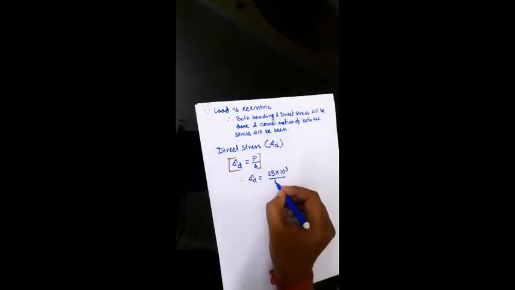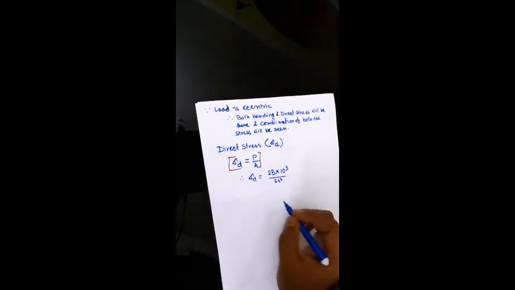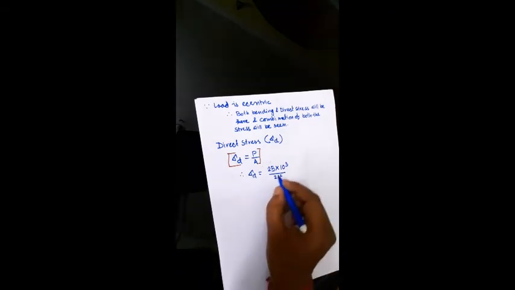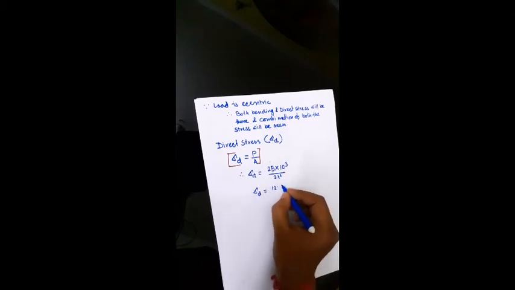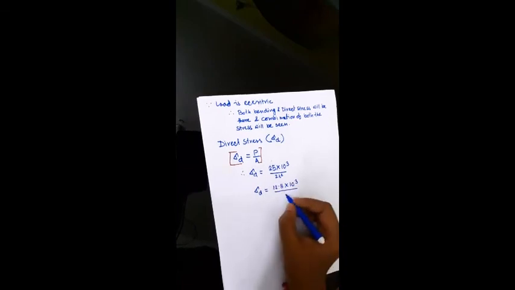So the area is 2t square. Now we just simplify this equation. So sigma d will be nothing but 12.5 into 10 to the power 3 upon t square, that is 25 by 2 is 12.5, and this will be your sigma d value.